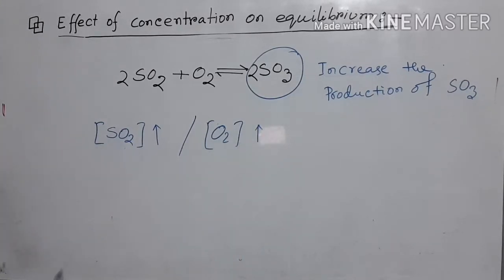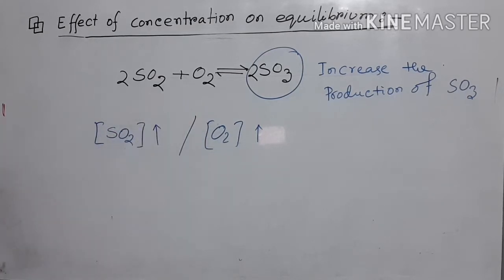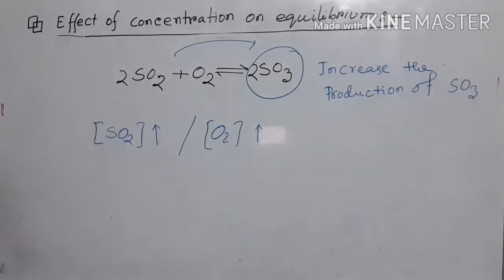If we increase the concentration of sulfur dioxide or oxygen, then the equilibrium is disturbed, and equilibrium tries to undo the change and forward reaction occurs.